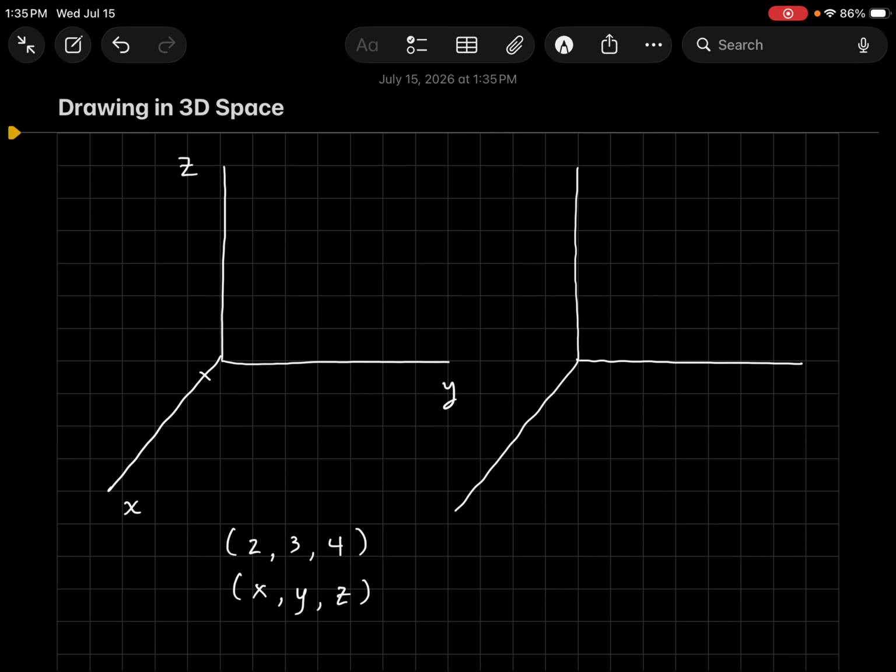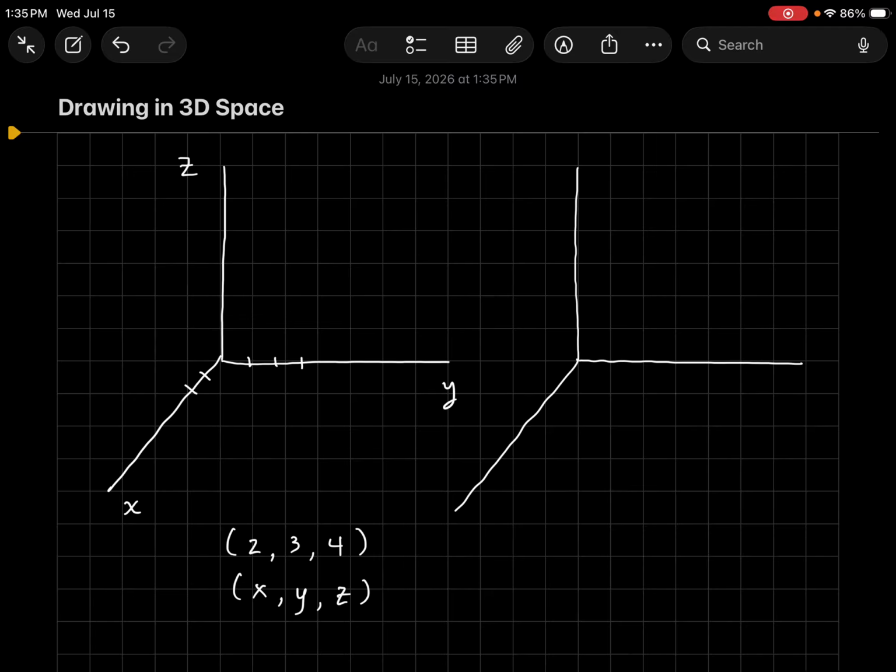So I'm going to go 1, 2 down the x-axis. And then I need to go 3 down the y-axis. So let's just get that part first. The way I usually draw things is I stay parallel to the lines.